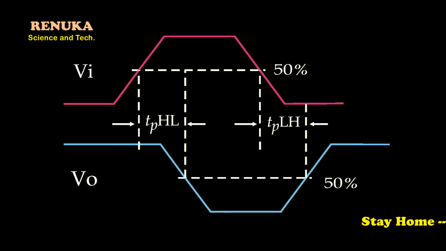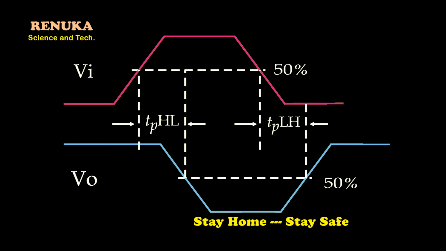The third definition for parameters or characteristics of logic gates is propagation delay, or it may be called the speed of operation. In the diagram you can see there are two waves, one for input voltage and one for output voltage. We have taken an example of a NOT gate, with the voltage levels in milliseconds.